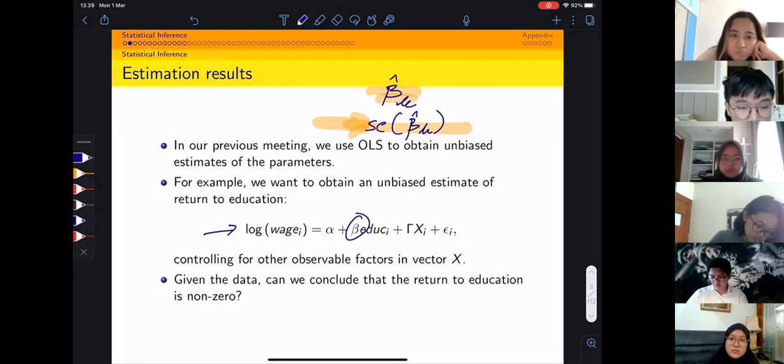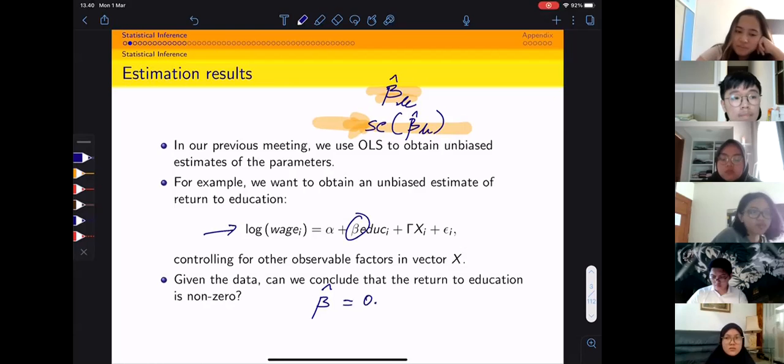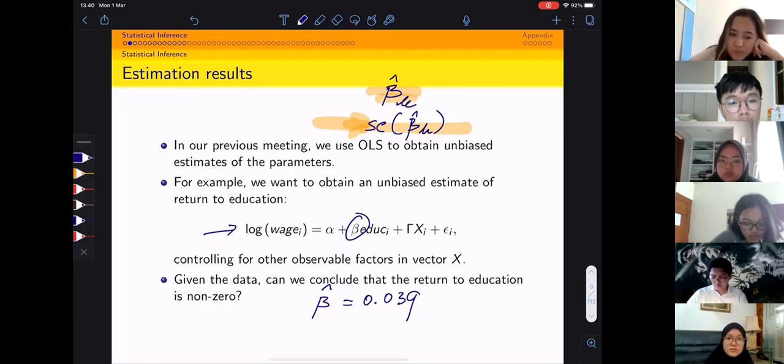Now, what we'd like to do is, given the data, conclude whether the return to education is non-zero. So for example, suppose that I use the data, and I estimate that the estimated coefficient is 0.039.